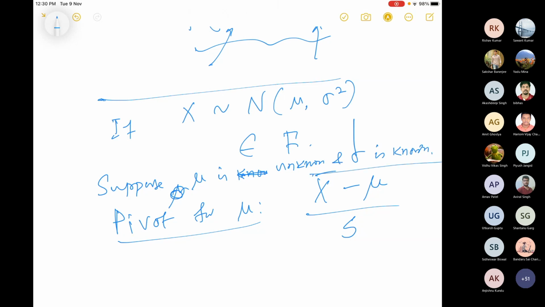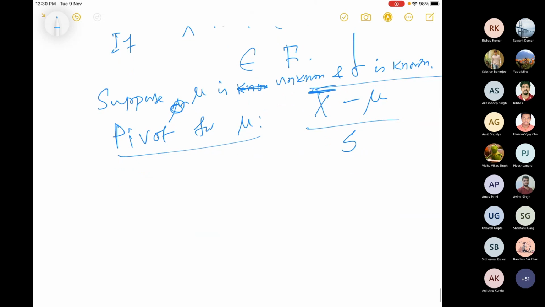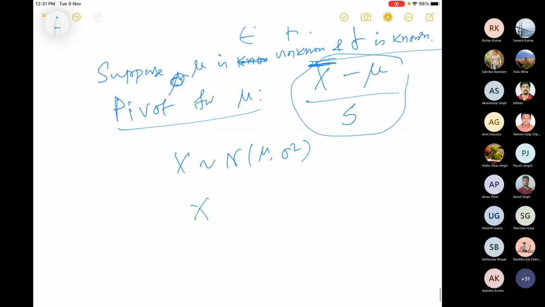Then we just have to make a confidence interval for mu, because mu is unknown. So this is my pivotal quantity for mu. Now I want to find a confidence interval with 100 times 1 minus alpha confidence. Since X follows normal with mu and sigma square, what is the distribution of this one? X bar is normal.